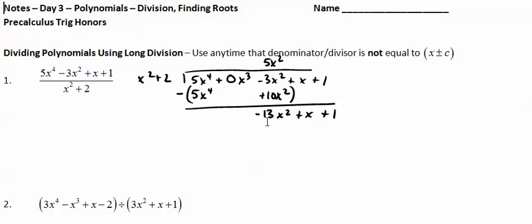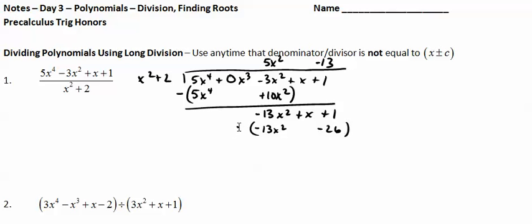What do I need to multiply to get negative 13? Well, that would be negative 13. Notice how I put the numbers in the right column. So x squared over x squared, 13 is in the constant column. So this is now negative 13x squared minus 26.